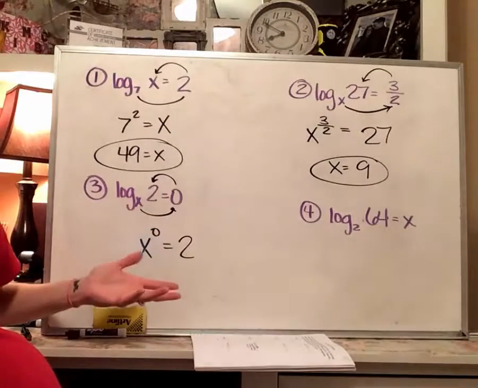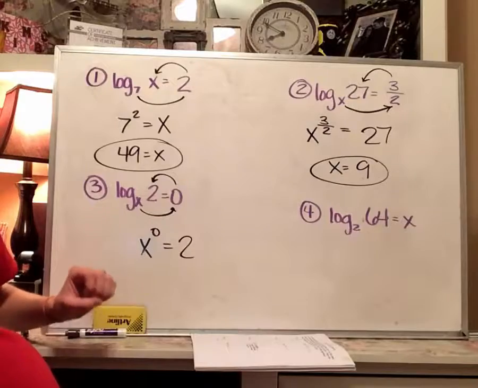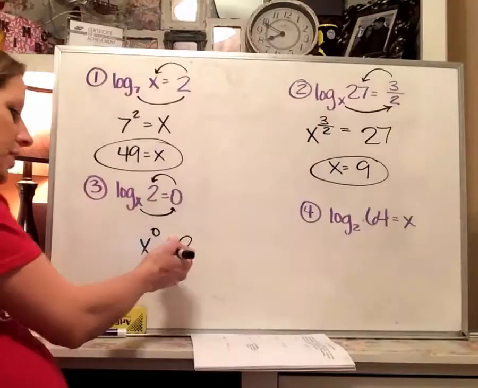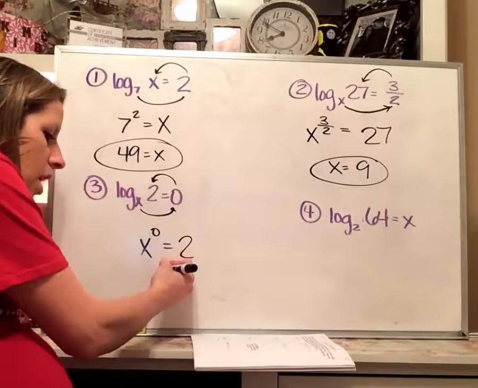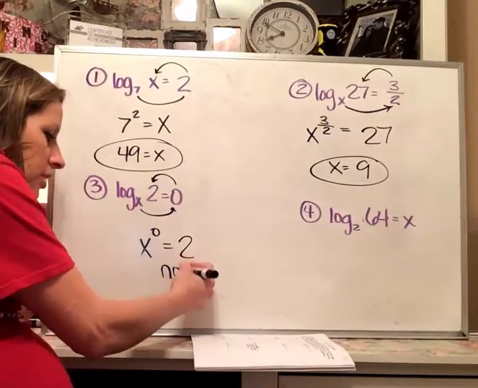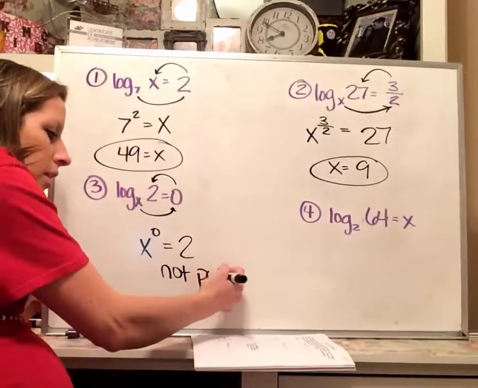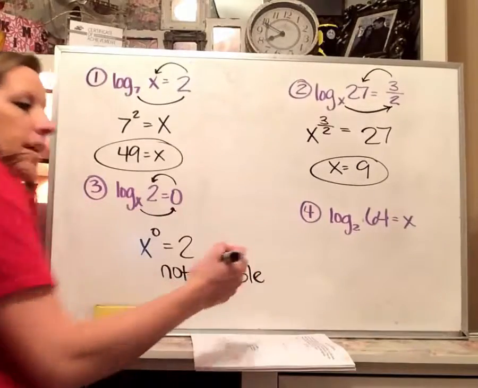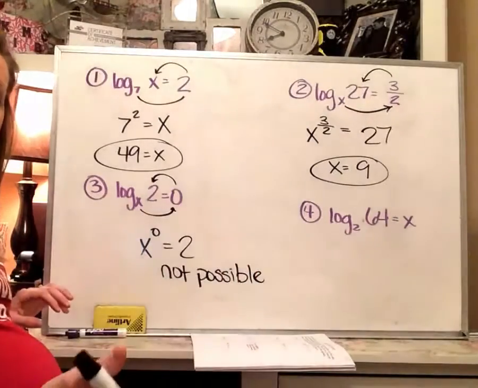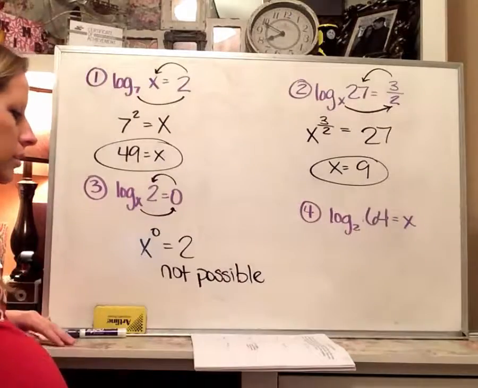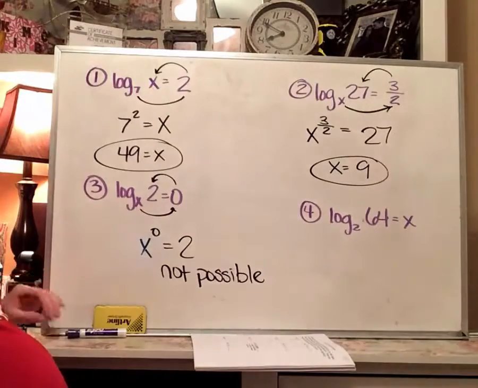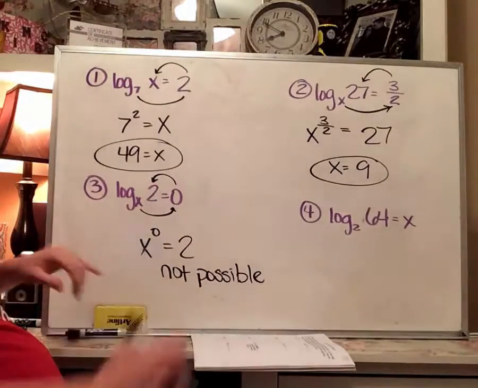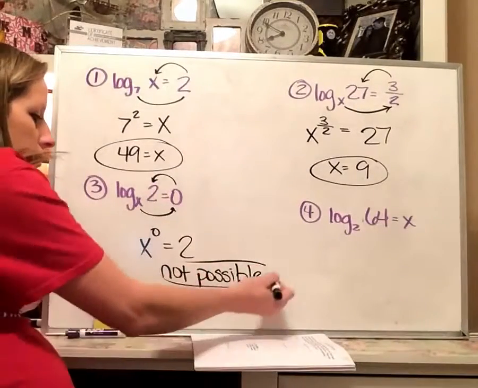Okay, 1. Anything to the 0 power gives you 1. So this is not possible. There's no way, no matter what number I put in, whether it's positive, negative, a fraction, a decimal, whole number, whatever, there's no way I can get 2. Because anything to the 0 power is 1.